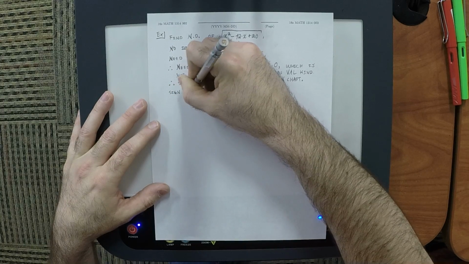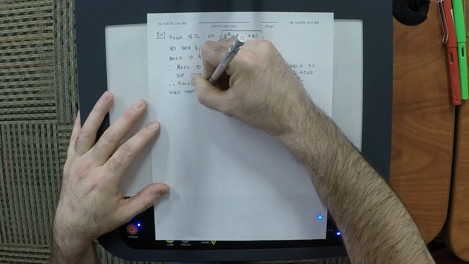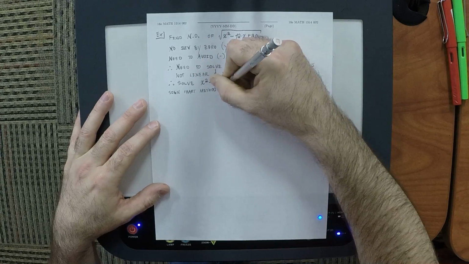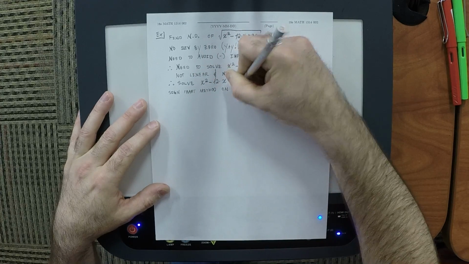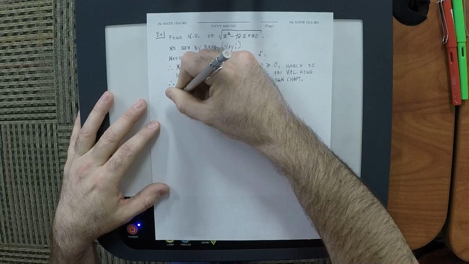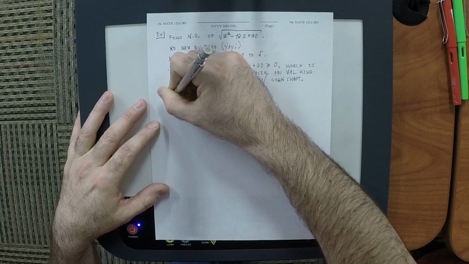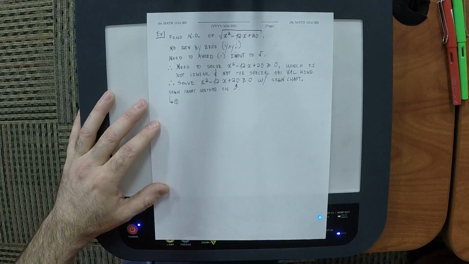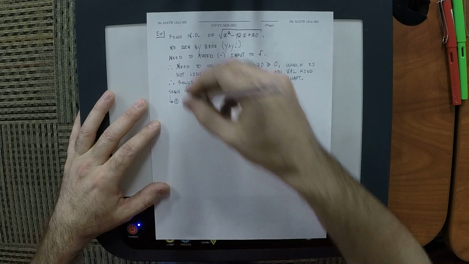So, sign chart method on this inequality. What is the first step in the sign chart method? Natural domain.